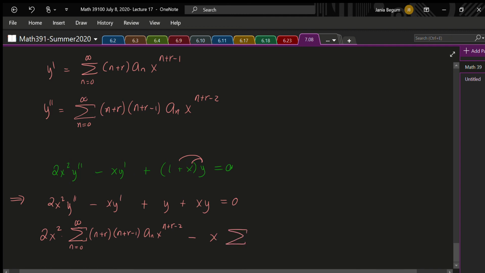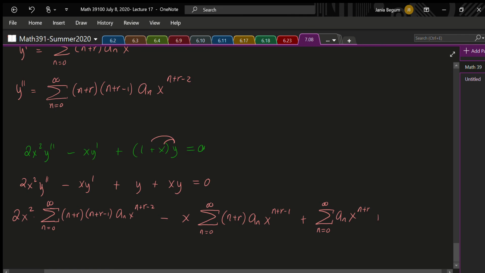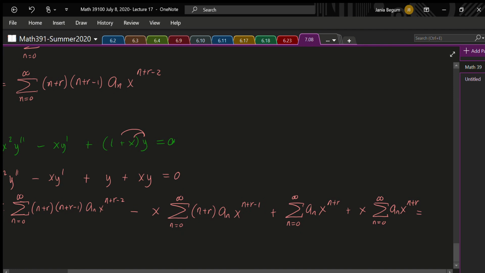Here we're plugging in the first derivative, so we have the sum n equals 0 to infinity of n plus r times a_n x to the n plus r minus 1. That's the second term. The third term is just y, so that's the sum from n equals 0 to infinity of a_n x to the n plus r. And the last term is x times y, so that would be plus x times the sum n equals 0 to infinity of a_n x to the n plus r. Everything is equal to 0.